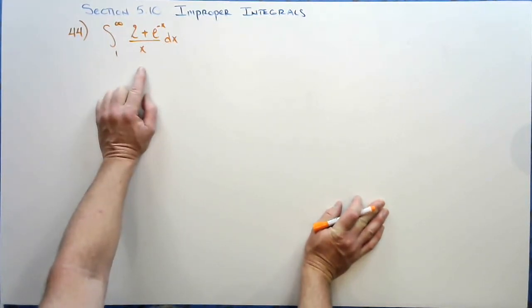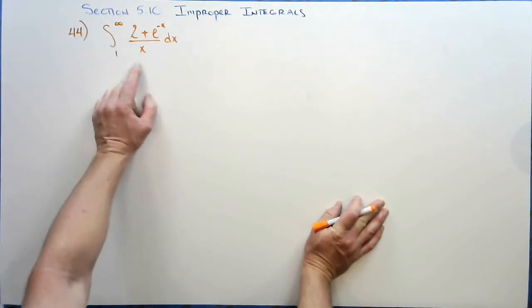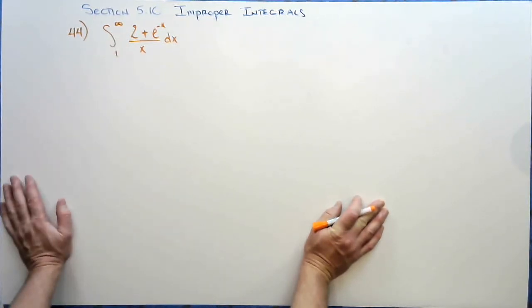Partial fractions doesn't work. It doesn't fit the format. It's not a polynomial divided by a polynomial. It's not a trig sub. There's no a squared minus or plus x squared or x squared minus a squared here. It's not a trig integral. It doesn't have powers of sines and cosines or powers of tangents and secants. And it's certainly not parts.